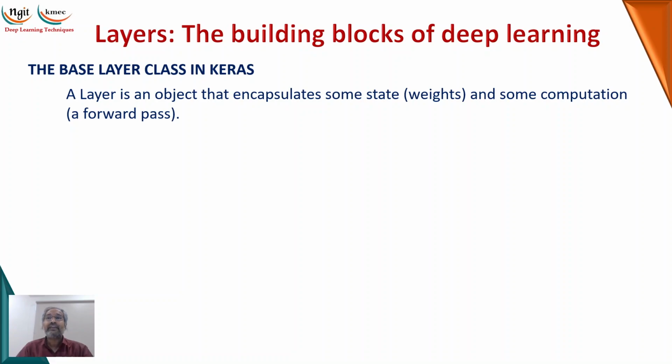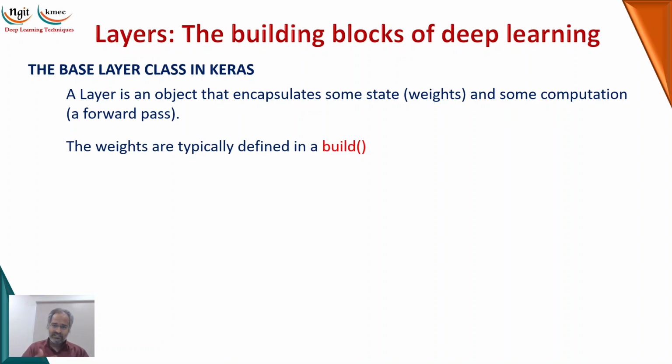So how can we design these weights? How can we process that for the forward pass? That is by using the build method. By using the build method, we can create the weights. And if you want to use the weights or modify the weights, we have to use some other methods.